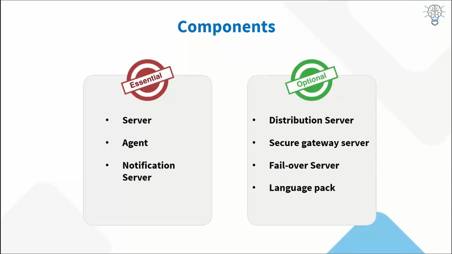And then we have the secure gateway server, which is quite useful if you're going to manage machines that are not a part of the LAN or are connecting over the internet. In case you want high availability, you can make use of the failover server, which is separately licensed. Moreover, you can also use a language pack to list the web console in your preferred language.